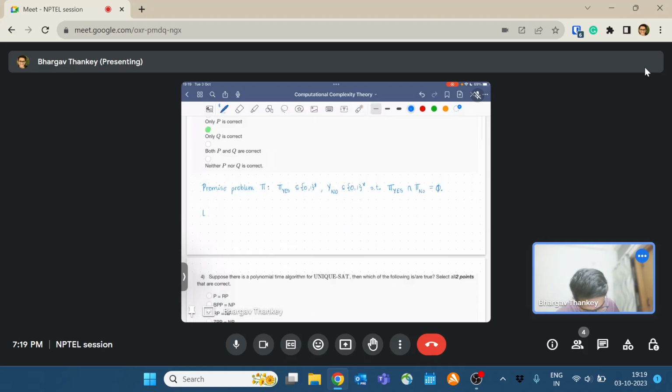For a language, you have yes instances, which we call L yes. You have no instances. So the intersection is empty, and there is one more condition: the union must be all of {0,1}*.